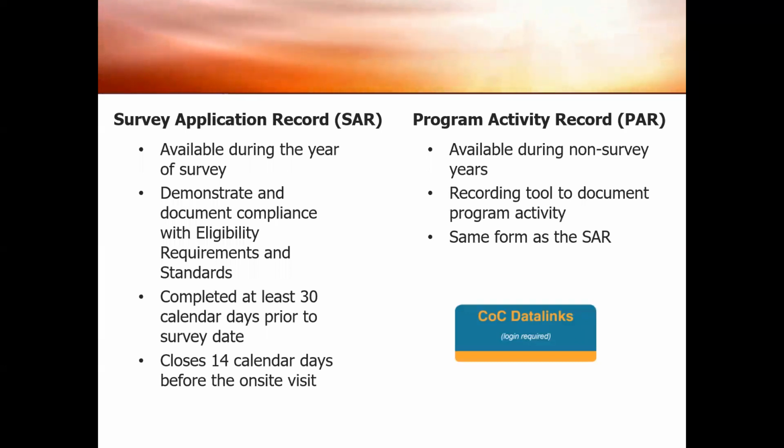To ensure a thorough and accurate evaluation of the cancer program during the survey, the facility updates and completes the SAR at least 30 days prior to the scheduled on-site visit. The SAR then is closed 14 days prior to the on-site visit. So 14 days prior to that visit, you can't make any changes to that SAR.